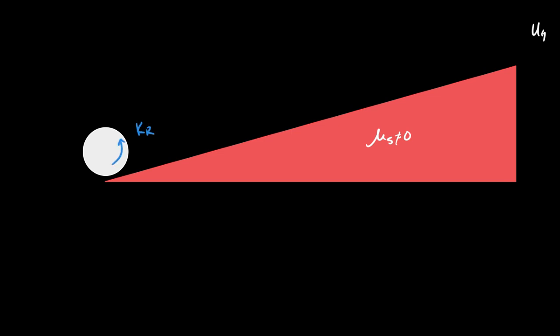But if we make the amount of friction non-zero, and there is friction now, then this object will both spin and move down the ramp. At the top here, it's going to have gravitational potential energy. And then by the time it moves from here to here, it's spinning. So it's got rotational kinetic energy. And the center of mass is moving, so it has translational kinetic energy.